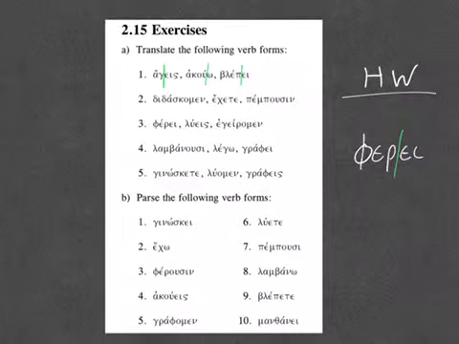Well, you know phero is I bear, so you just put bear underneath that, and then under ei, we know that is what again? Third singular, yes. So that is a he. So you just write it out like that. That might help you just kind of get the grasp of it. So it would be bear he. To make it right, it is he bears.